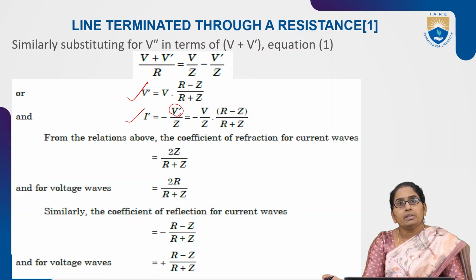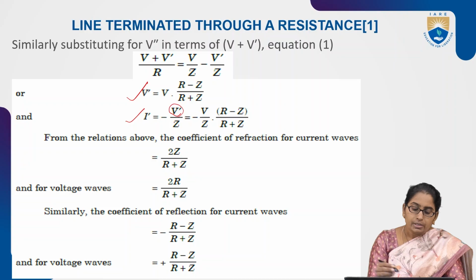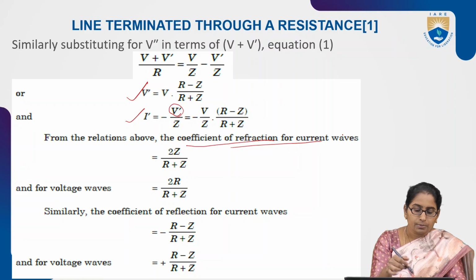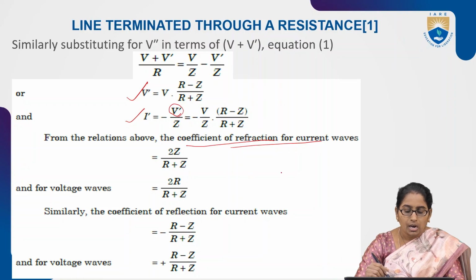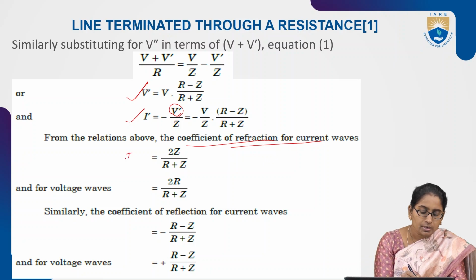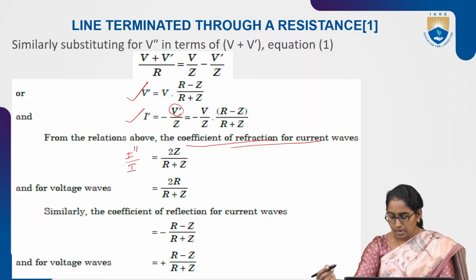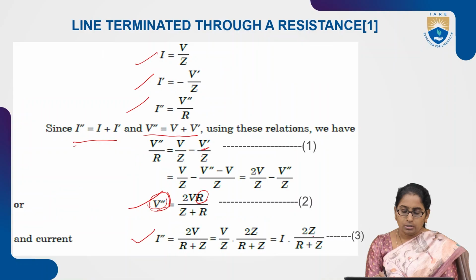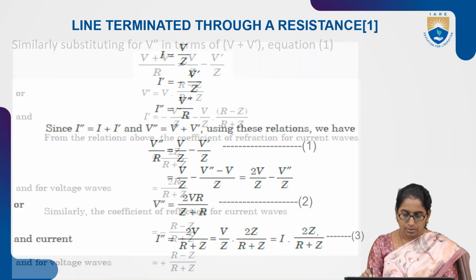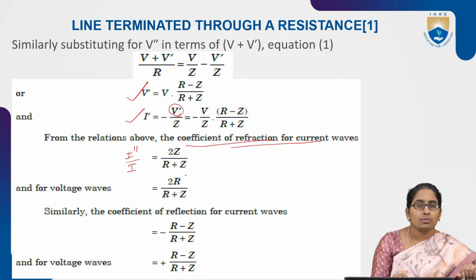Now from these relations, say about the coefficient of refraction for current and voltage, and also coefficient of reflection. So from these equations, what is a coefficient of refraction? Previously, in the previous slide, we derived V double dash and I double dash. So coefficient of refraction for current wave means I double dash by I. So that is 2Z by R plus Z. That is what it is called, coefficient of refraction.